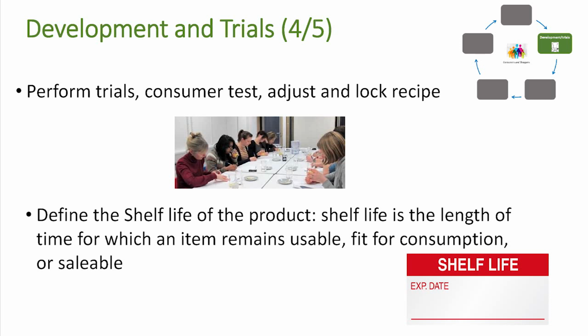The next point at this stage is very important when it comes to food production. It is the shelf life. Shelf life is sometimes the date that you see in every food product, most of them, I hope, should have what we call shelf life, expiry date, best before.